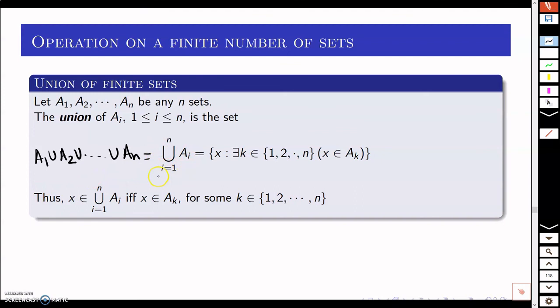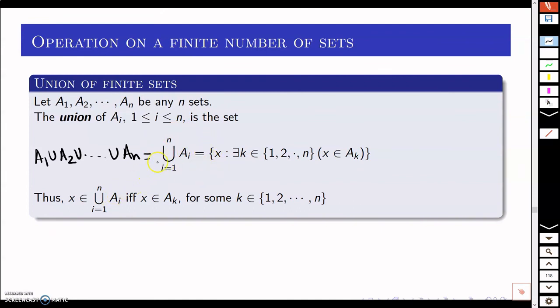Okay, union of i running from 1 to n, and that is the collection of all the points x such that there is at least one suffix k from 1 to n such that x will come in that Ak. That means x should come in at least one of the Ak's, where k is running from 1 to n. Then only the point x will come in the union of all of them.